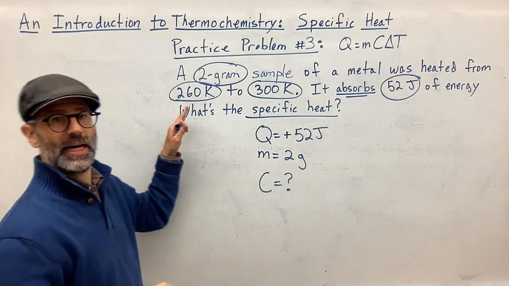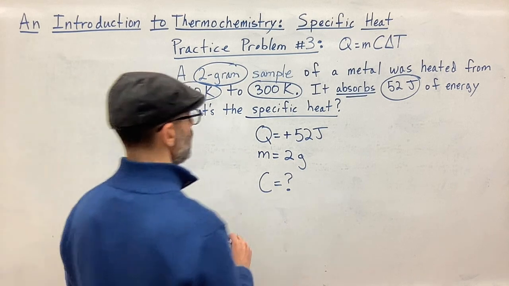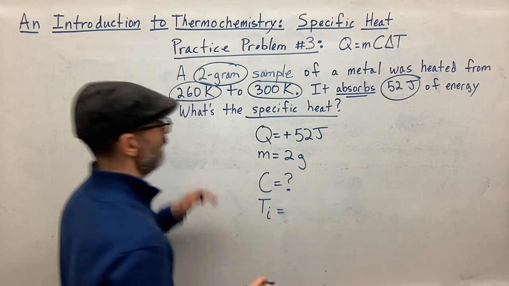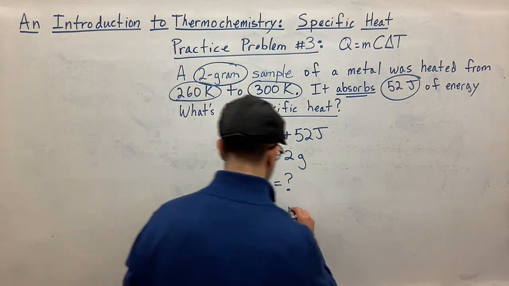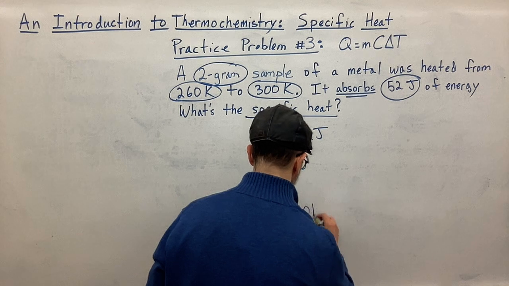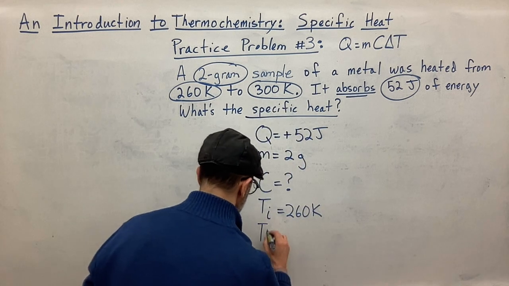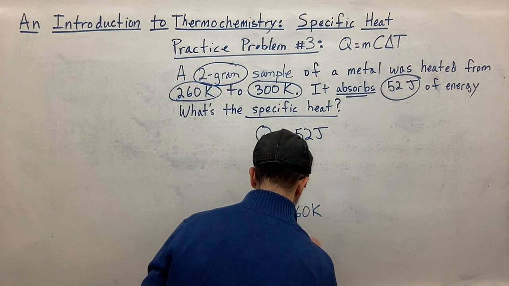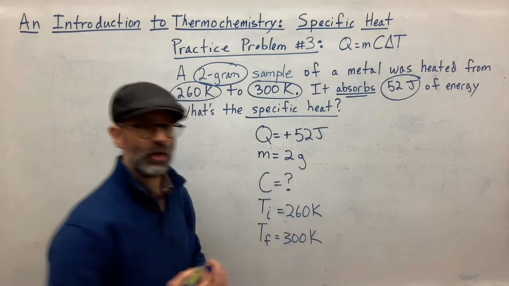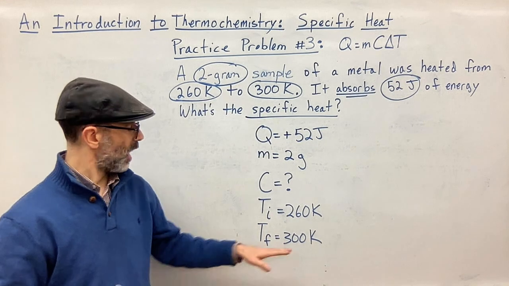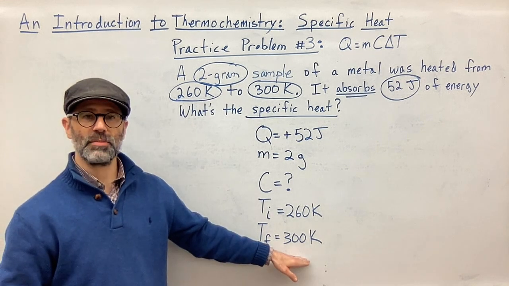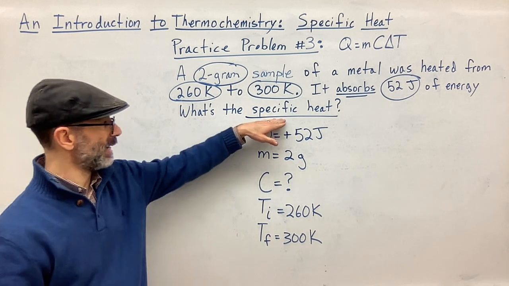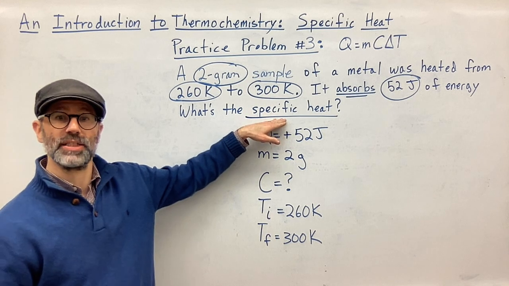And we have the initial and final temperature. So the initial temperature, TI, is our 260 Kelvin, and our final temperature is 300 Kelvin. So the first thing we need to do is convert our Kelvin temperature to Celsius, because remember, our specific heat is going to be in terms of degrees Celsius.